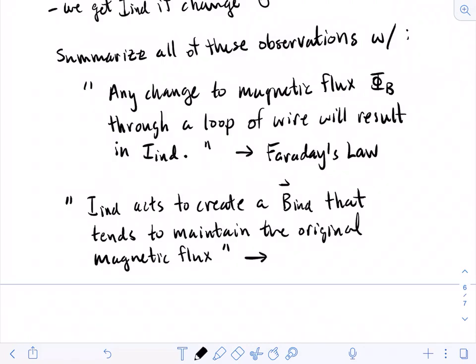This is going to be Lenz's law, which determines the direction of the induced current.